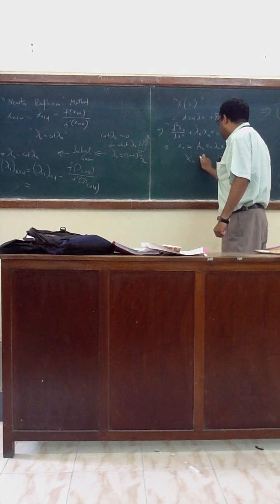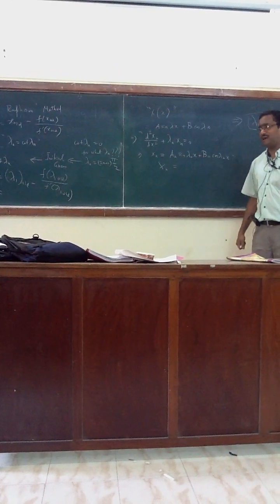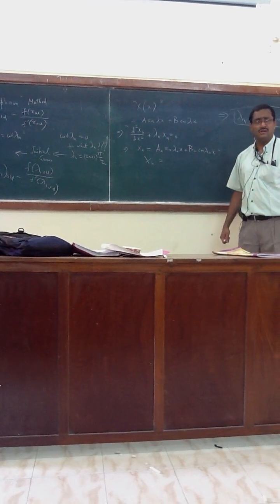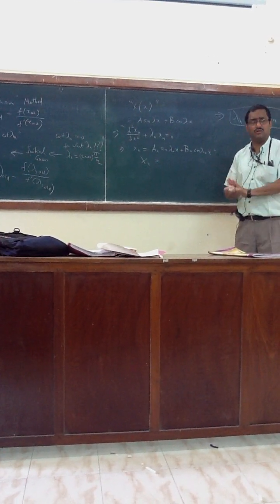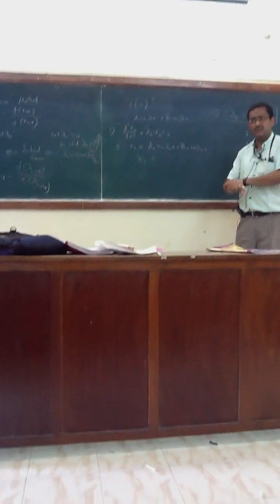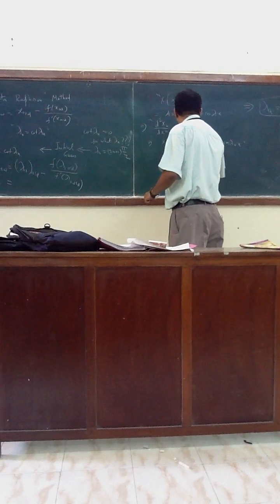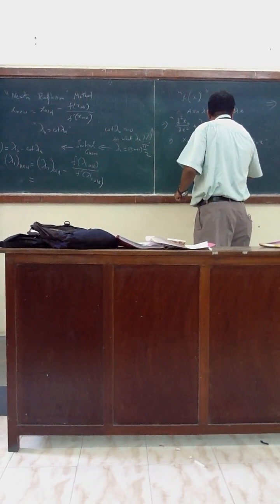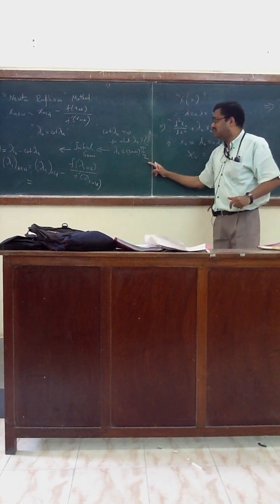I am going to decide whether n equal to 0 is acceptable or not. What is xn in that case? You have not told me the xn. I was directly doing the lambda n; you have to tell me the eigenfunction also. What is xn? That is not an eigenvalue. This is the initial case.